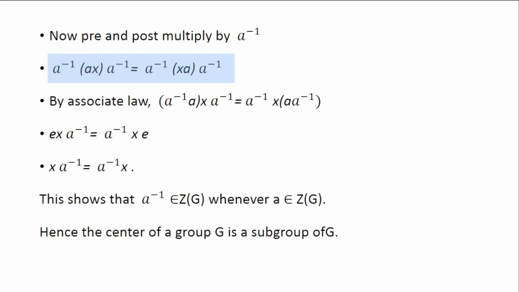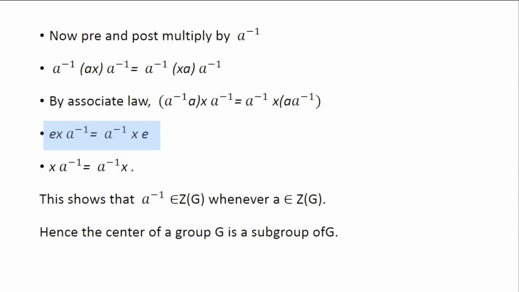Now, pre and post multiply by a to the power minus 1. a to the power minus 1 into ax into a to the power minus 1 is equivalent to a to the power minus 1 into xa into a to the power minus 1.